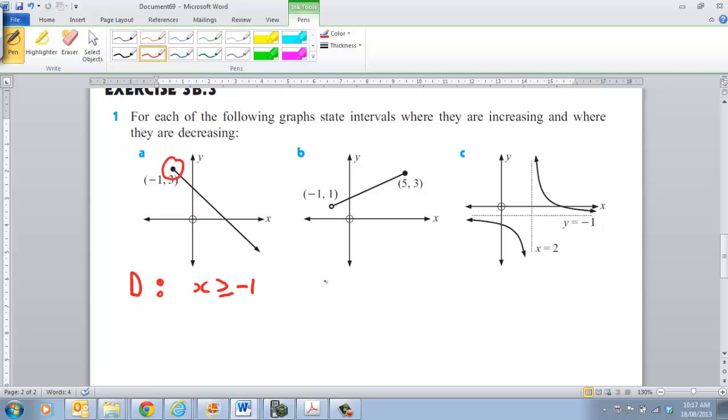Over here we've got our function increasing from -1 through to 5, so we'd say it's increasing when x is greater than -1, not equal to -1, and less than or equal to 5.